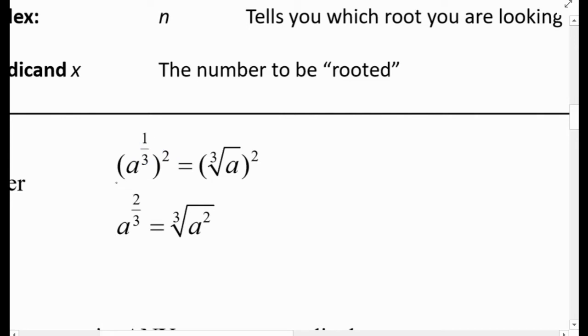When you multiply it, this becomes 2 over 1. 1 times 2 becomes 2. 3 times 1 becomes 3. So that is a to the power of 2/3. That is the same as this and this. So you can just represent a to the power of 2/3. So 3 goes to the index, 2 goes to the exponent.